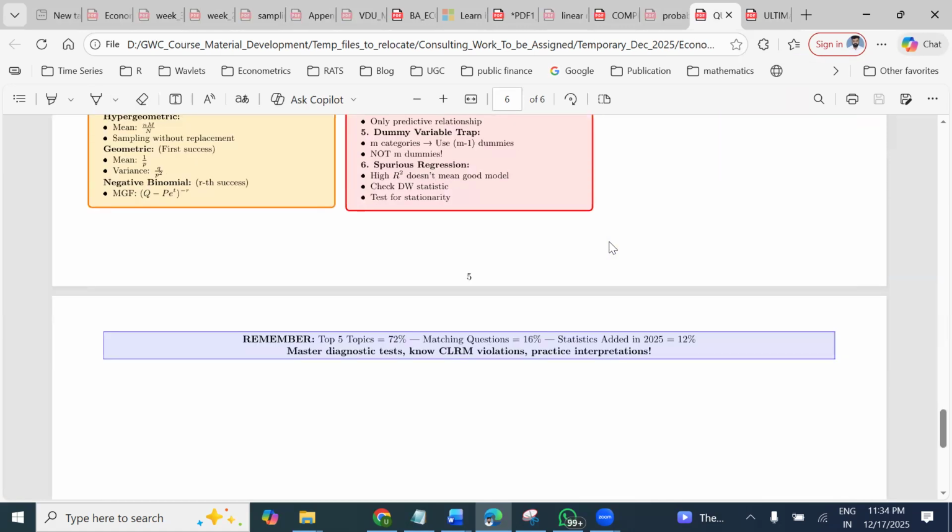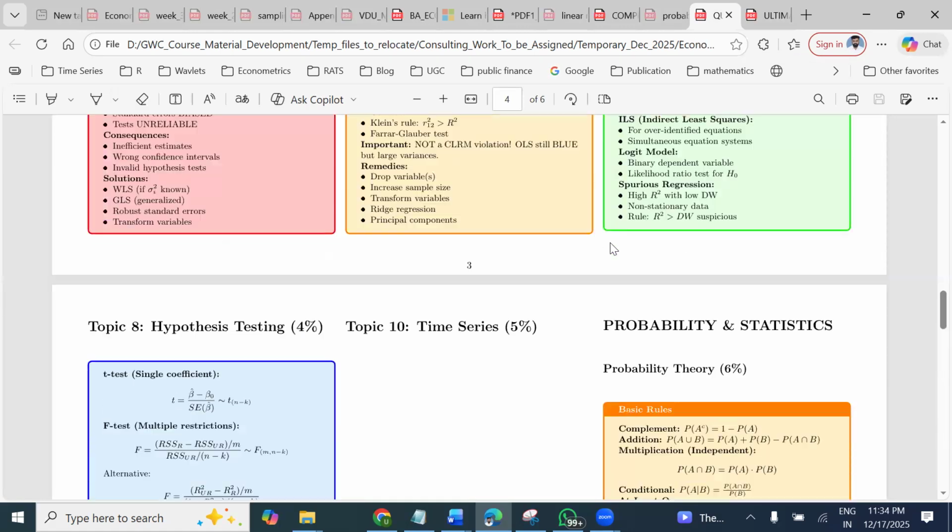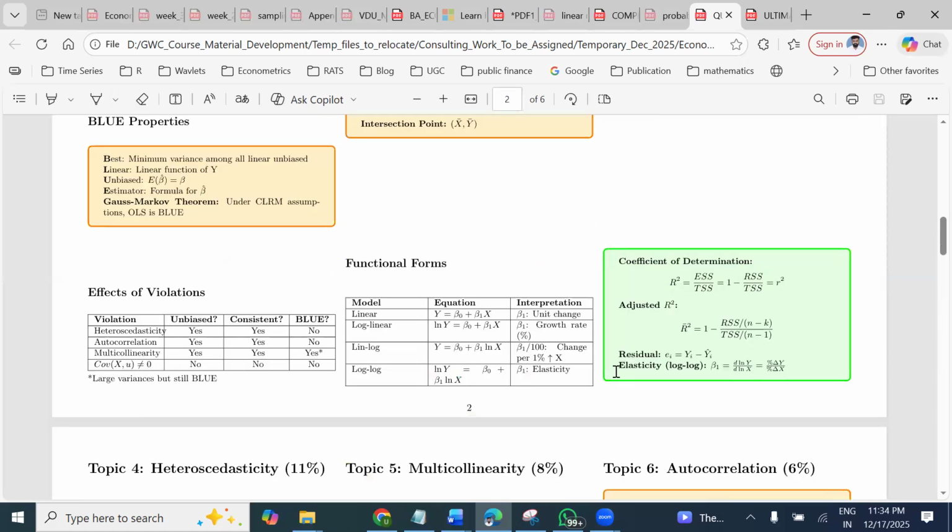See, let me show you. This one I was trying to tell you. This will help you: functional form. Is it visible to you? Yes, sir, it is visible. So, the linear model. First of all, this is a linear model where there is no log.